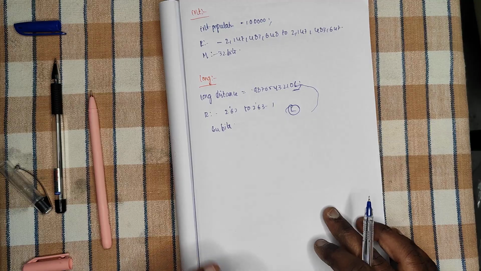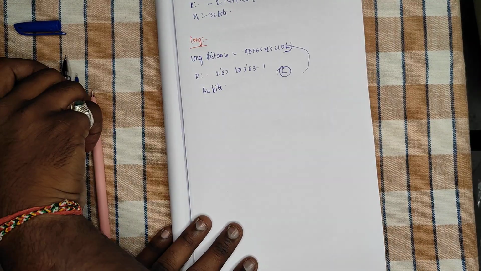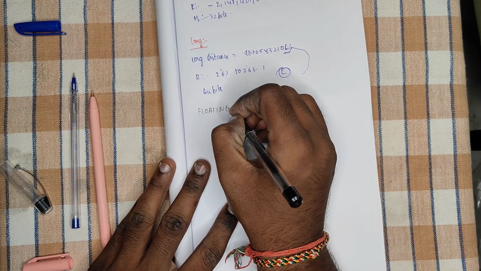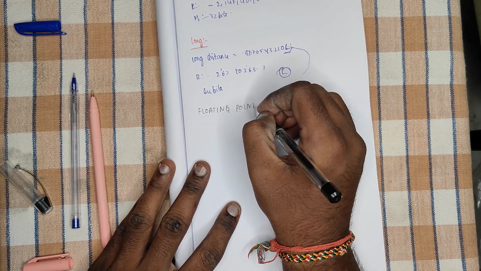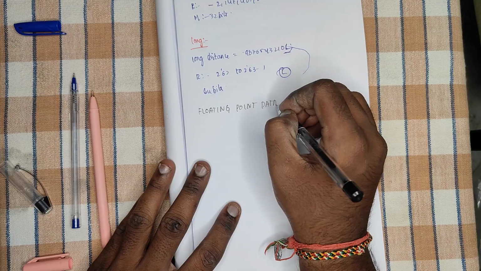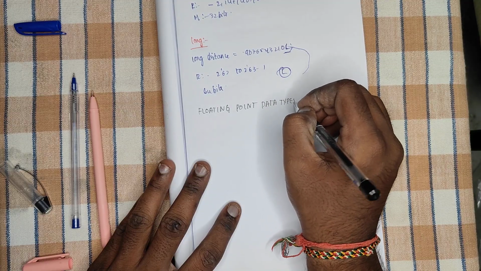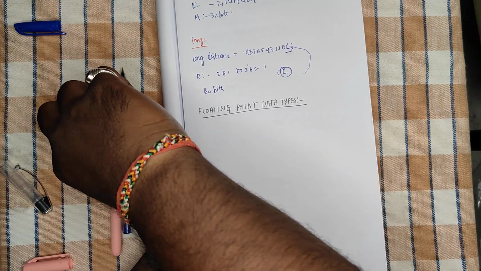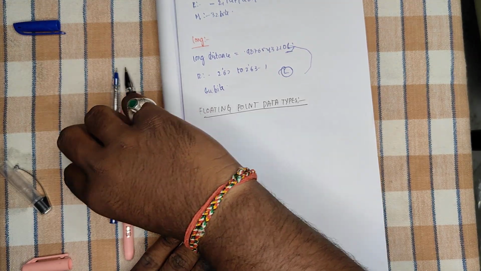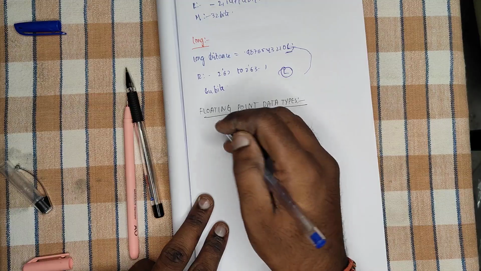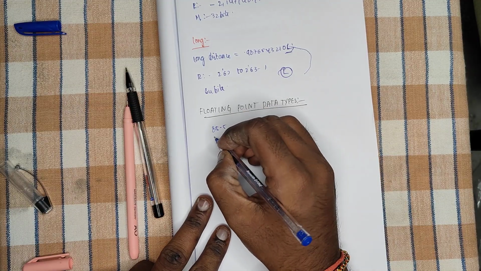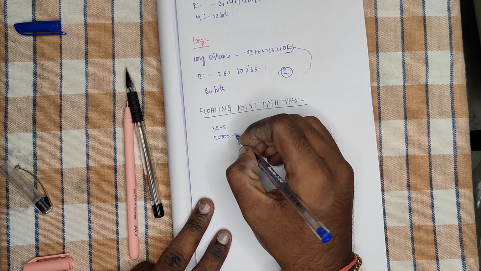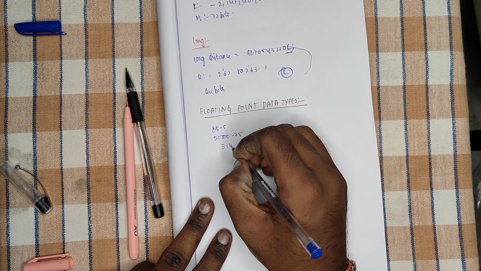Now floating point data types. What if we want to store decimal values? For example, decimals like 85.5, 50,000, 0.75, 3.14.